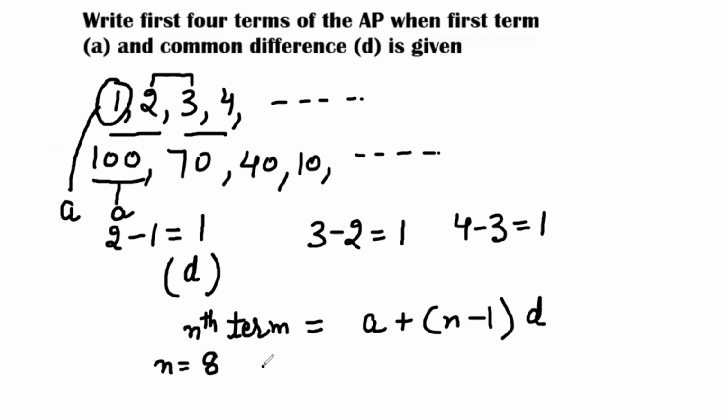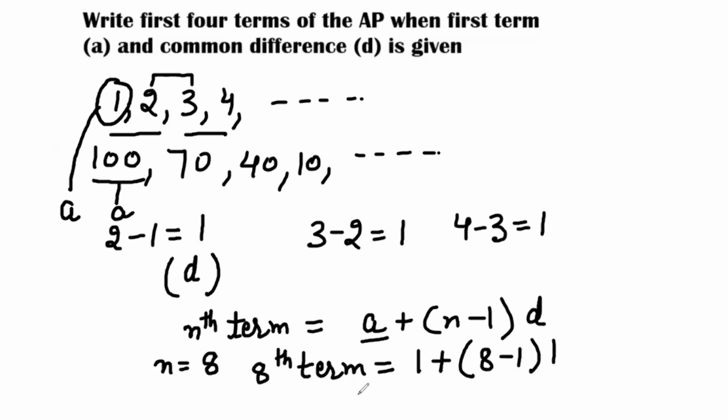The 8th term will be equal to A, which we know is 1, plus n minus 1, which is 8 minus 1, times D, which is 1. Solving, I get 1 plus 7 is equal to 8. So the 8th term is equal to 8 in this arithmetic progression.